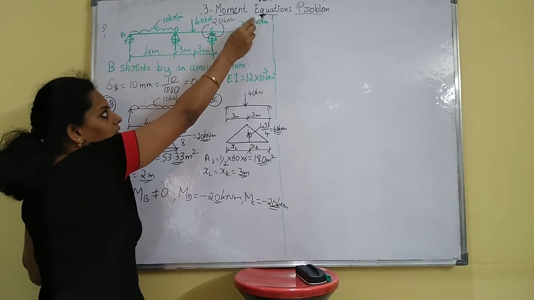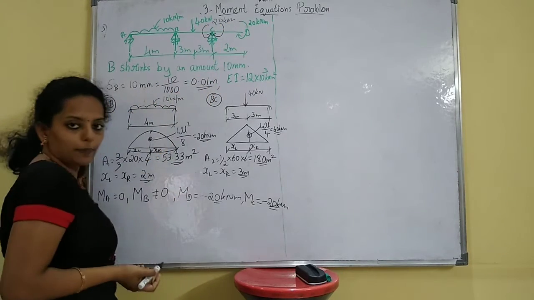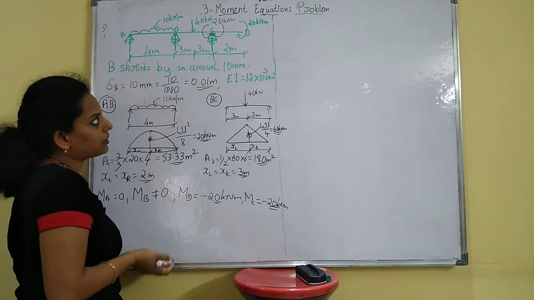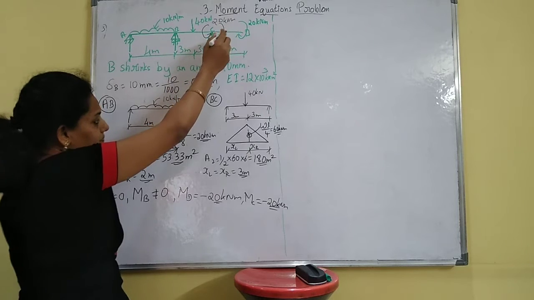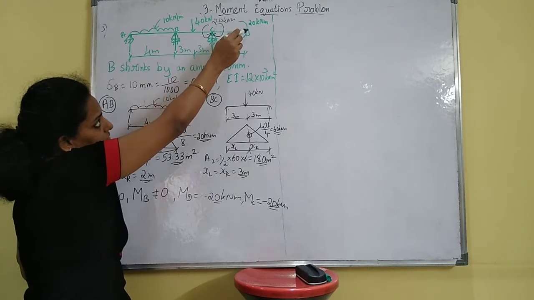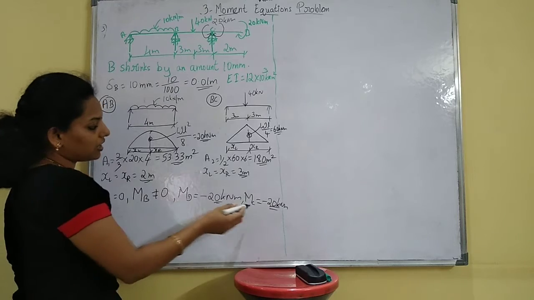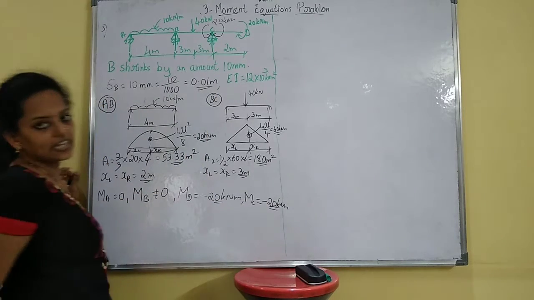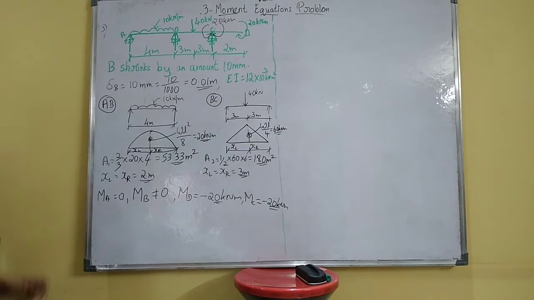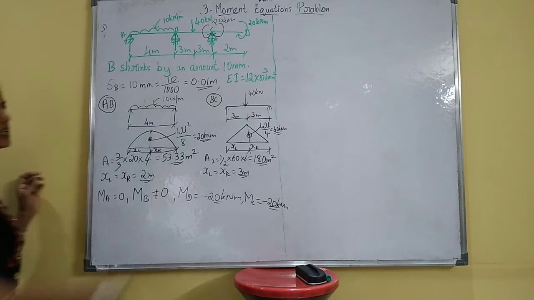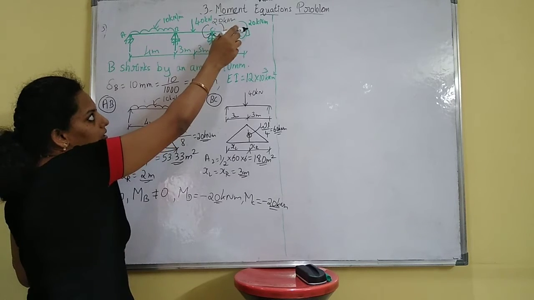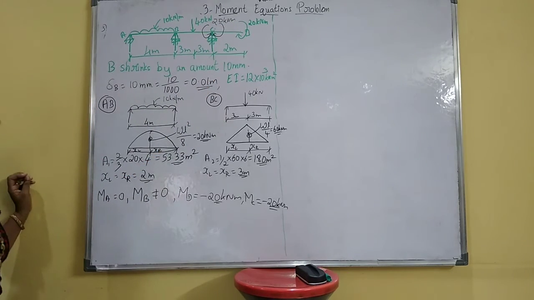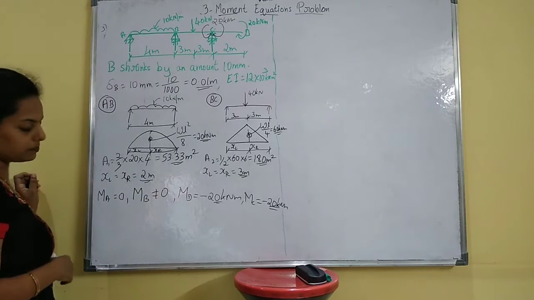So due to this couple you can find MC. Taking a section at C, right of C is just minus 20. So you will have MC as minus 20 kilonewton meter. Bending moment at C is hogging, so minus, and this value is 20, so minus 20 kilonewton meter. So the unknown is just MB.